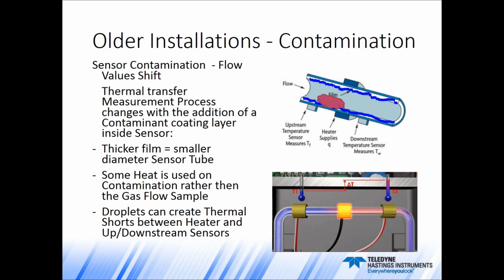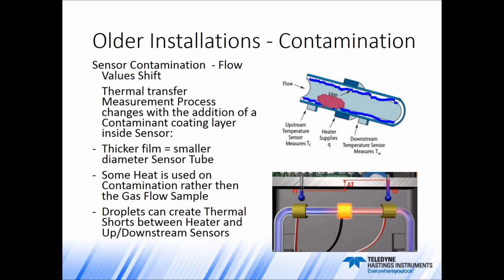We have a heater and an upstream and a downstream temperature sensor, and these are the ones associated with a thermal transfer process. Basically, the gas flow will take some of the heat that is pumped into the flow by the heater and will affect the temperature on the downstream sensor by increasing it. The difference between the two will be a measurement of the mass flow.